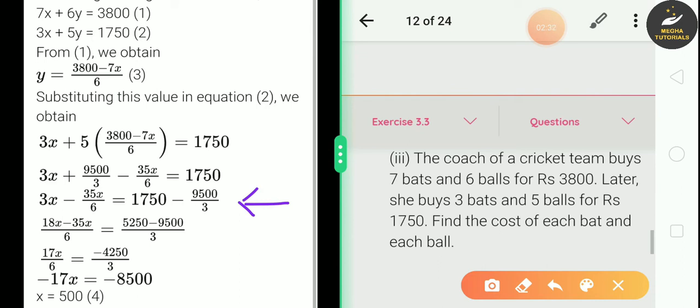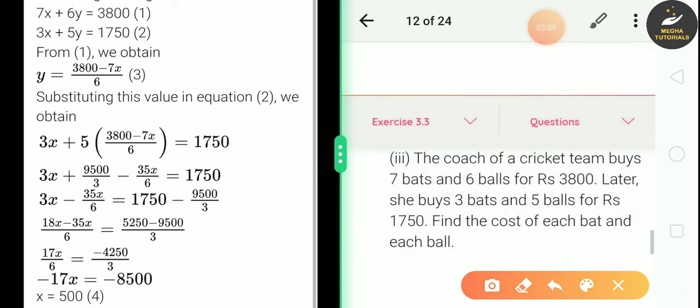Then first take LCM on the left hand side. LCM of 1 and 6 is 6. Therefore, we got 3x into 6, 18x, 18x minus 35x upon 6, and on the RHS the LCM is 3. So 1750 into 3 is 5250. So we got 5250 minus 9500 upon 3.